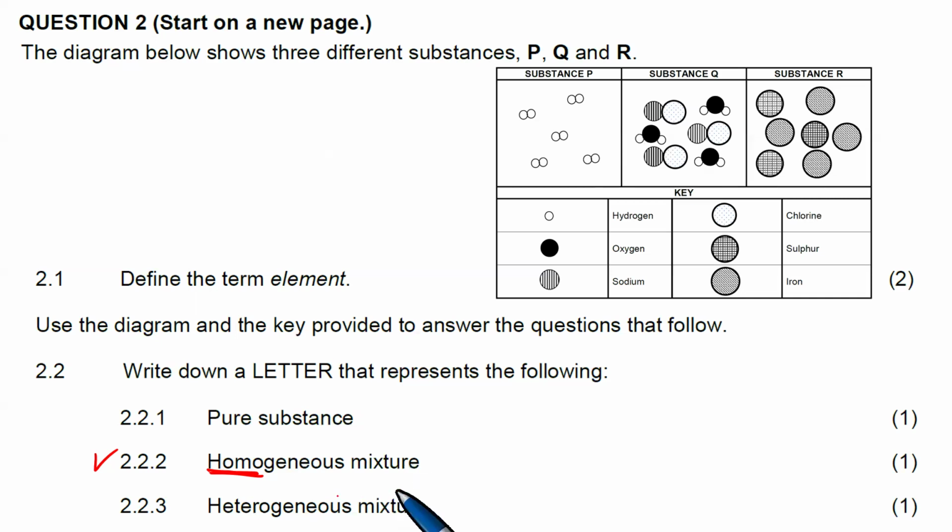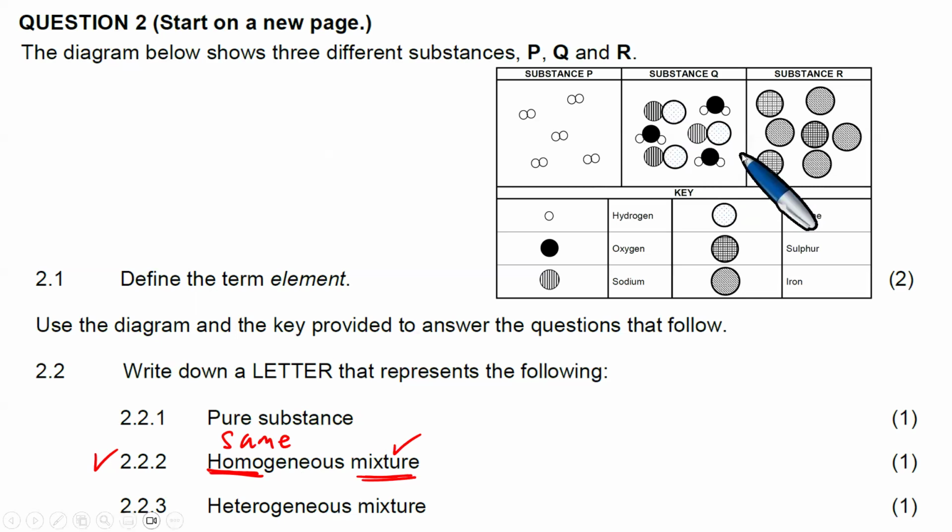The word homo means same, but it must be a mixture. It must have different elements, so we expect a combination of things. This piece is out because it's not really a mixture. For a mixture, you need to have different elements.